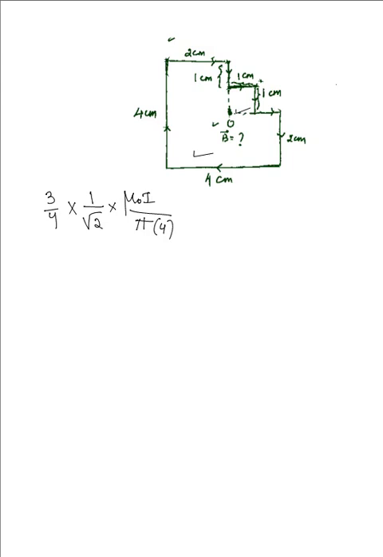We'll take care of the centimeters later. And then you also have 1/4, the quarter of the small square. For that we have 1 over root 2, the formula that we have obtained, mu naught I over pi times 2. That will be in centimeters as well.